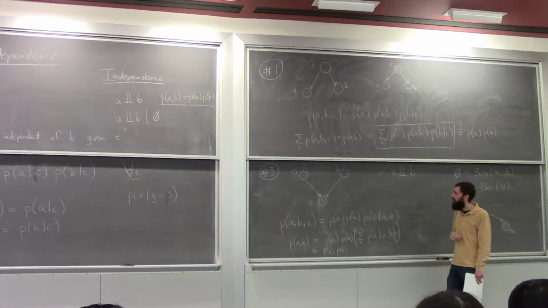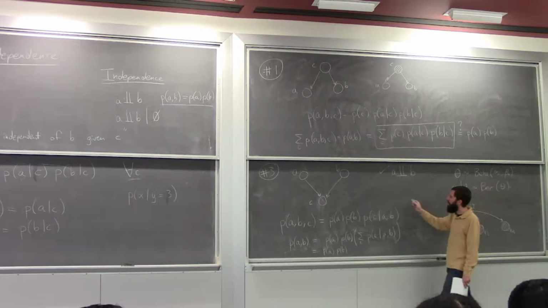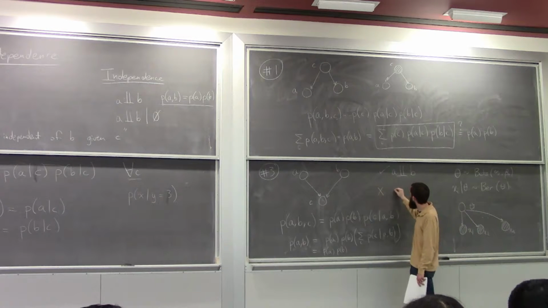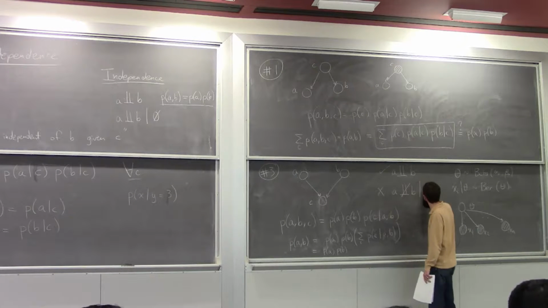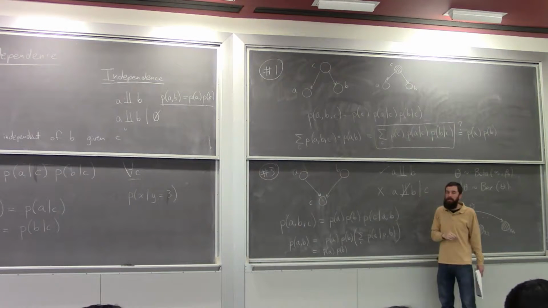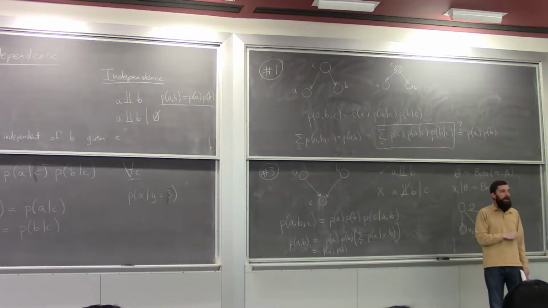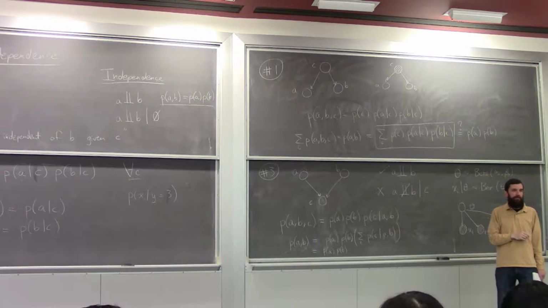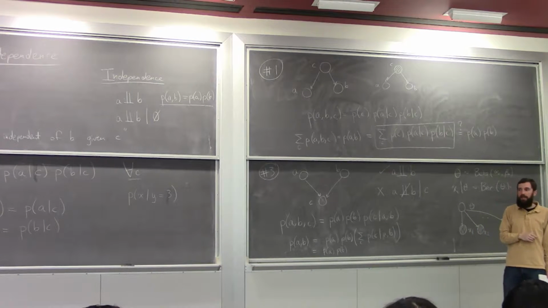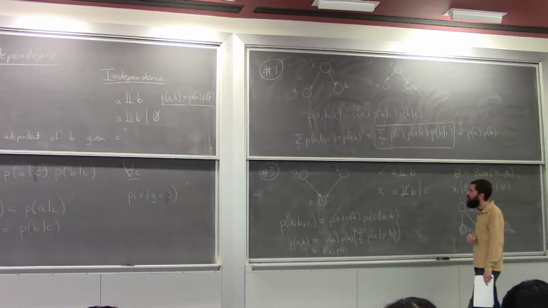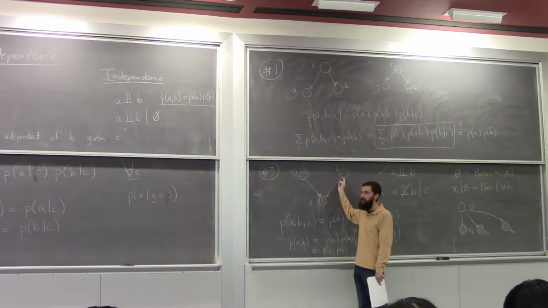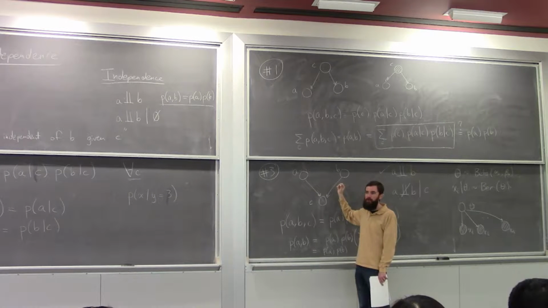Okay. So what we see in this case is that no, A and B are not conditionally independent given C. So what's interesting is that two things that start out independent lose that independence, which is kind of a counterintuitive concept.